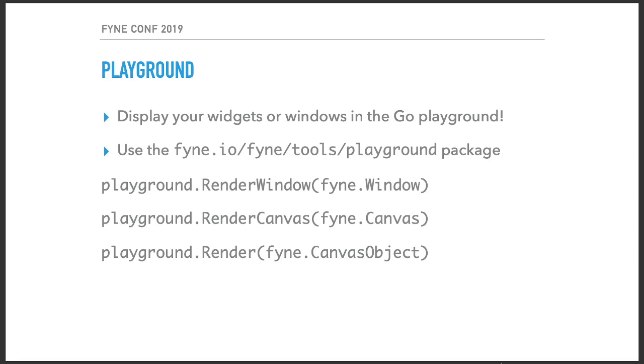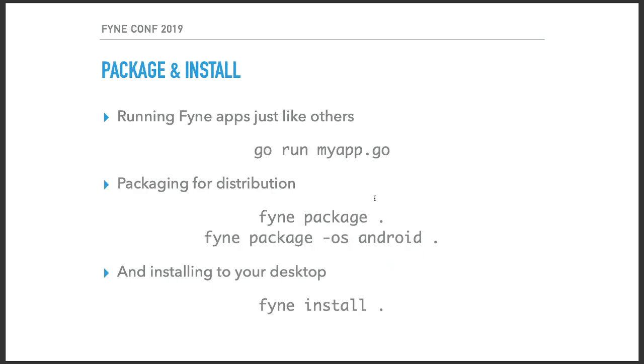Lastly, for the functionality that's been added to the toolkit, we've improved the package and installation process for your development. Just like other Go apps, it's always been possible to run a Fyne application using the standard tooling. Go run myapp.go is just exactly what you're going to expect.